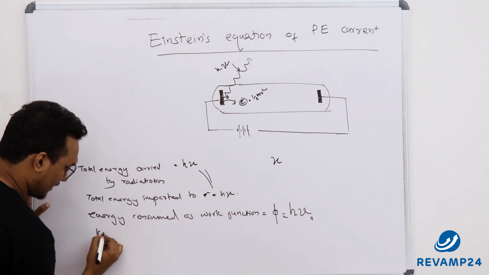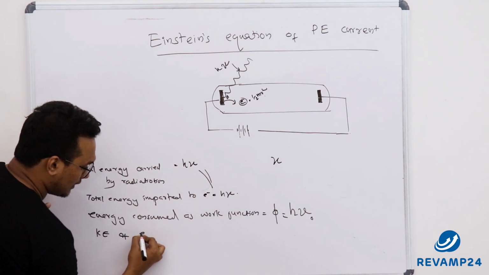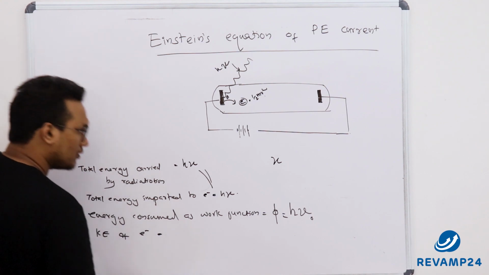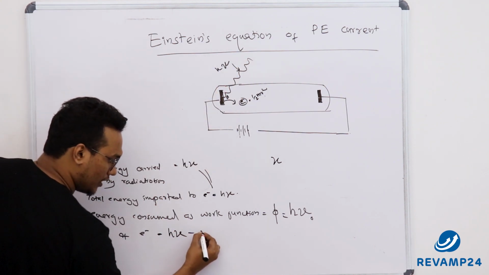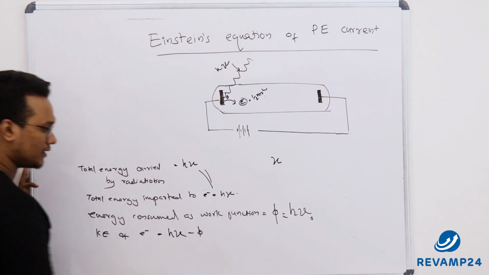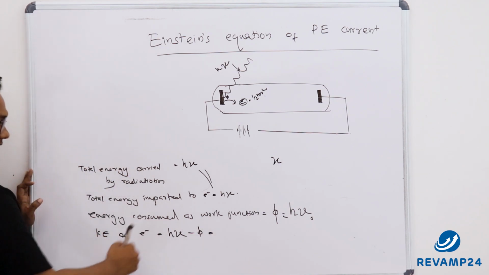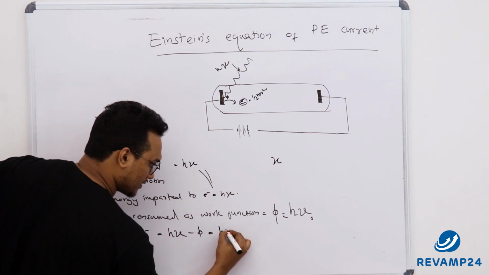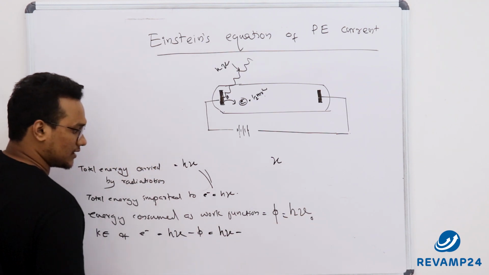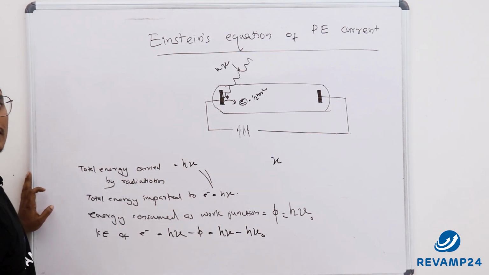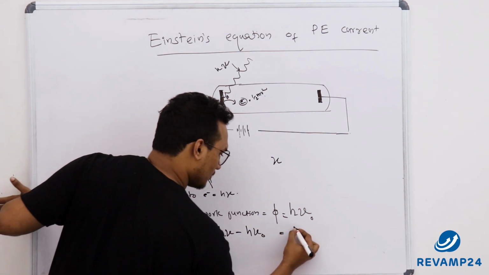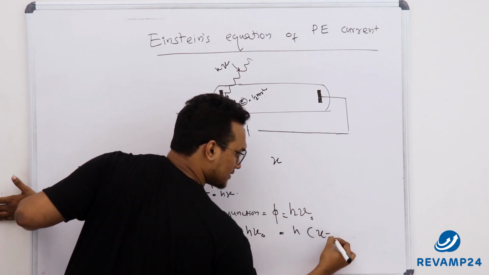So the kinetic energy of the electron is equal to h nu from the incoming radiation minus the work function consumed. And h nu minus work function is h nu minus h nu 0, where nu 0 is the threshold frequency, so this value is equal to h into nu minus nu 0.